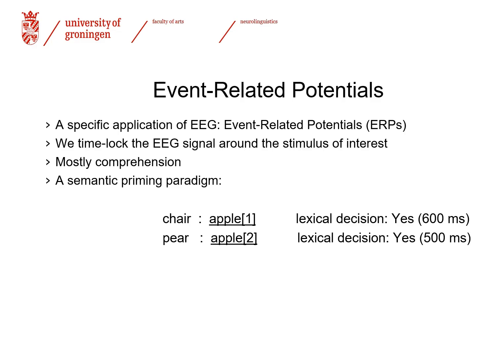What we are going to do next is cut out these chunks of EEG activity around the stimulus of interest, in this case the word apple. So we may cut out, let's say, 100 milliseconds before the word apple appears on the screen, and then another 1000 milliseconds, or a second, after the word apple appears on the screen. So we are going to do that for both apple conditions.